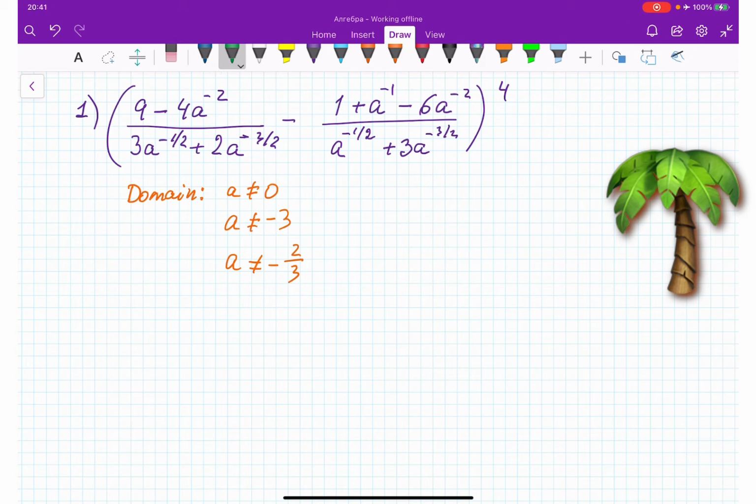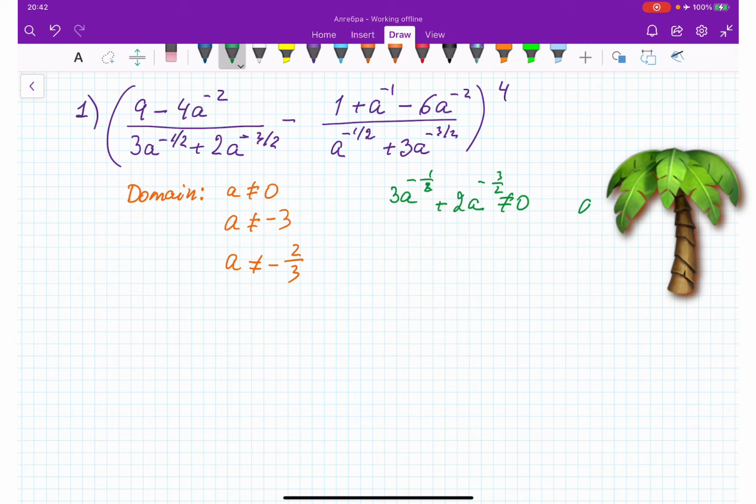If you are wondering how I got these values of a that cannot be, because at these values it will become 0, it's very simple. I just put 3a to the power negative 1/2 plus 2a to the power negative 3/2 cannot be equal 0.